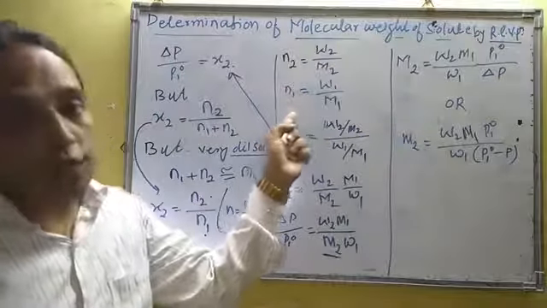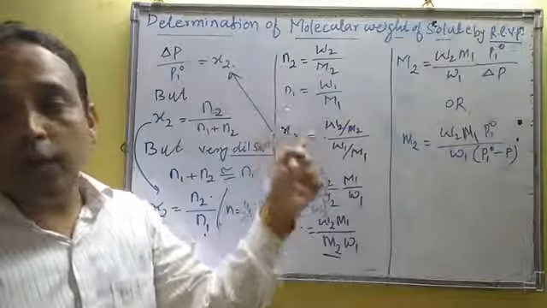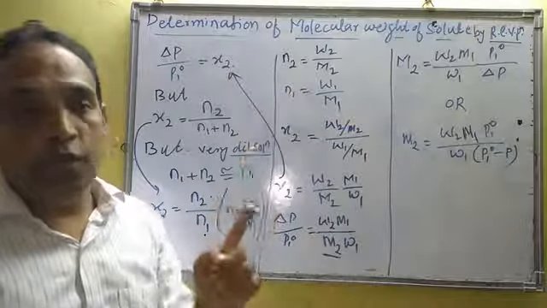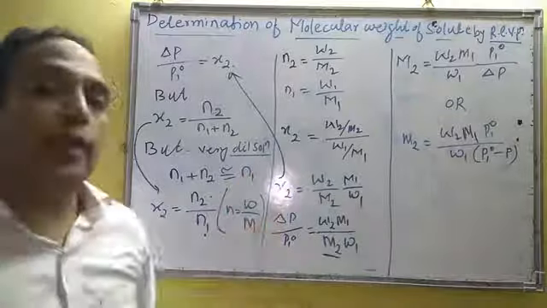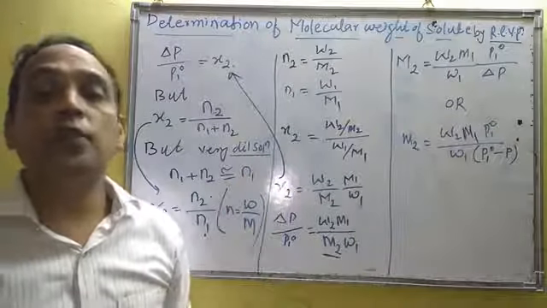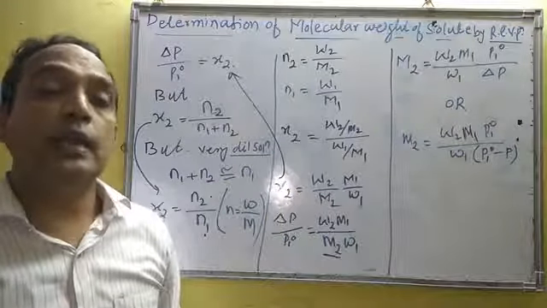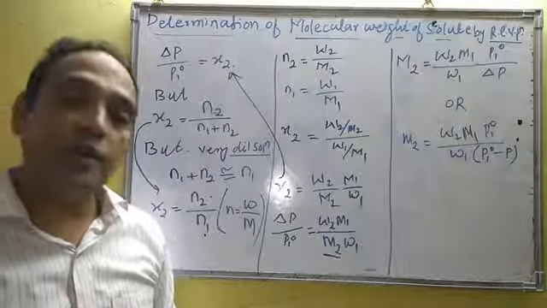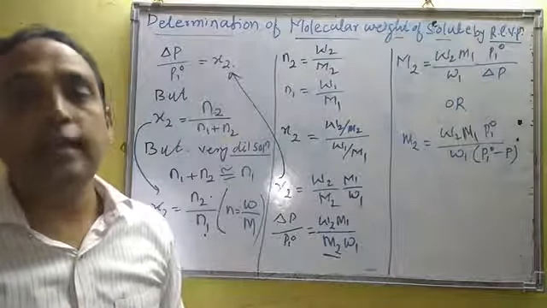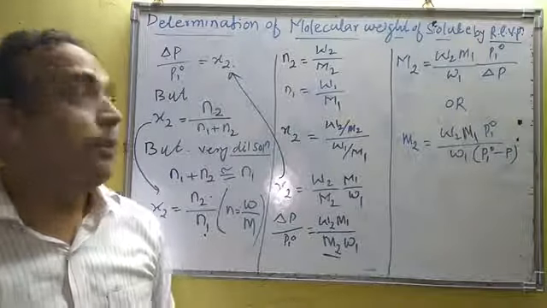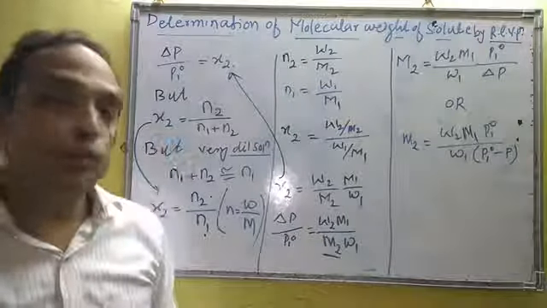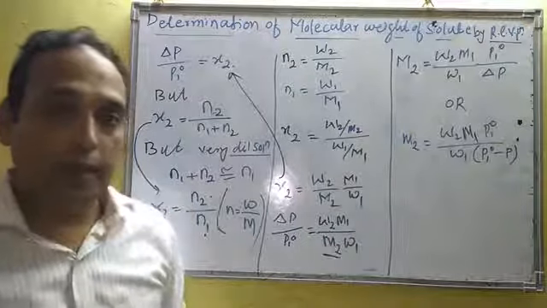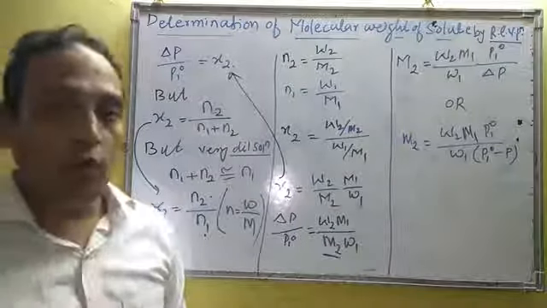Number of moles of solvent, weight of solvent upon molecular weight of solvent. Now this is a simple calculation to determine molecular weight of solute by relative lowering in vapor pressure. So this is all about the first colligative property, that is relative lowering in vapor pressure. Note down this point, because I have to erase this and take the next part. Pause the video and note down all these points.